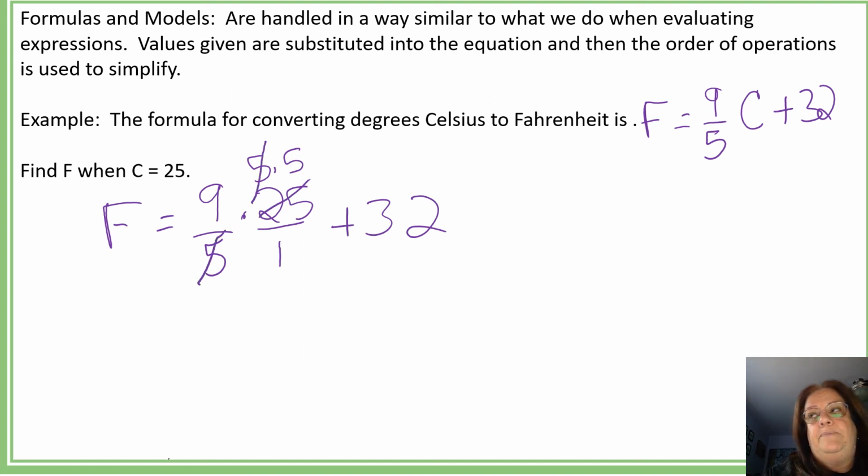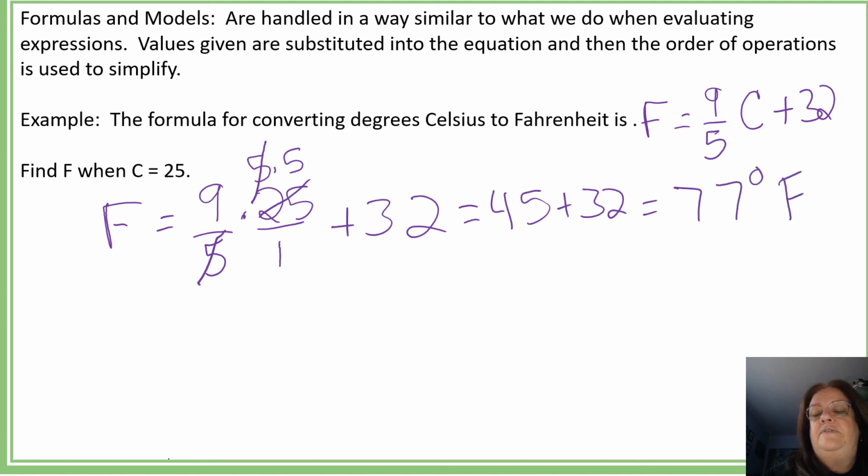Following order of operations, 9 times 5 is 45. That's the first thing we do. Plus our 32. So now I have 77 degrees Fahrenheit. So 25 C is 77 Fahrenheit. A lovely day. Thank you very much.